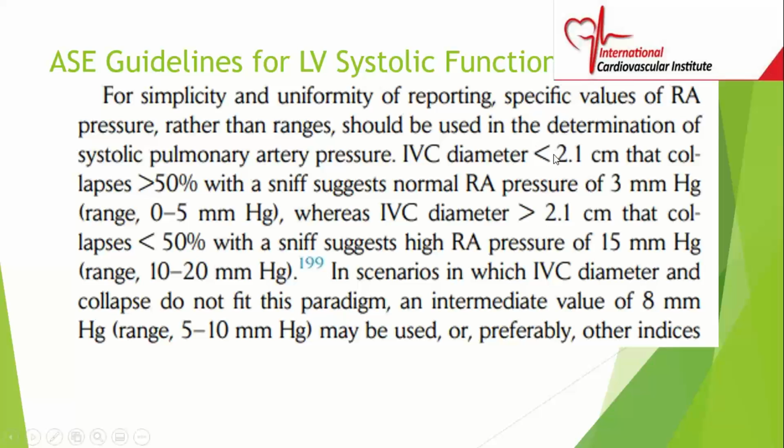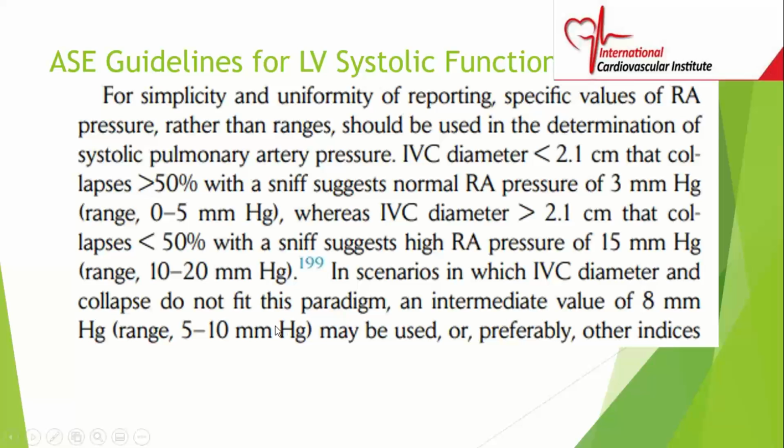So normal, less than 2.1, more than 50% collapse with sniff. And then abnormal, greater than 2.1 and less than 50% collapse with sniff. And anything that comes in between, then we give it a value of 8 millimeters mercury.